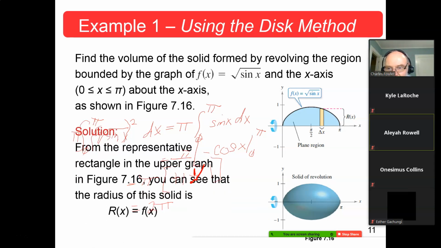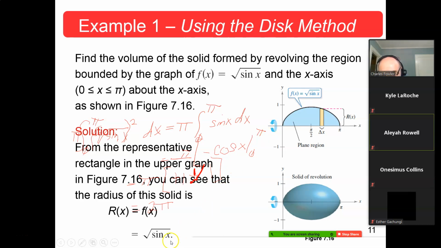So let's see what they get. Fortunately, it's very light print, so mostly you can see. From the representative rectangle up here, this one right here, in the upper graph of figure 716, you can see that the radius is your square root of sine x. The radius is that function value, square root of sine x. Okay?